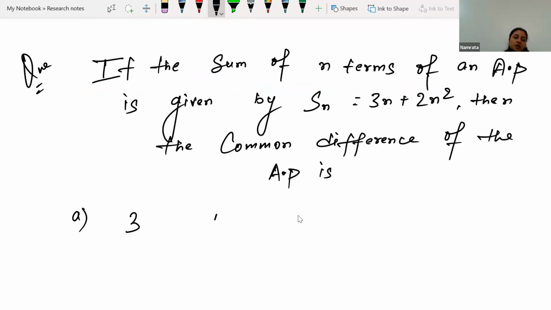Option A 3, option B 2, option C 6, and option D 4.